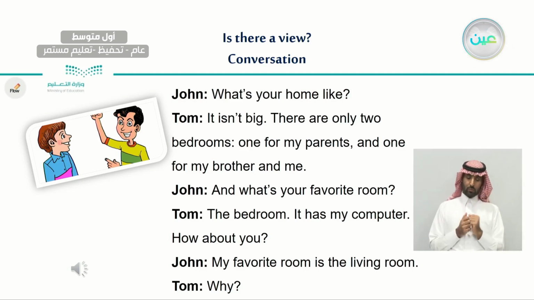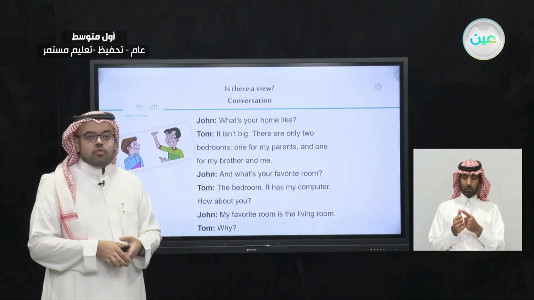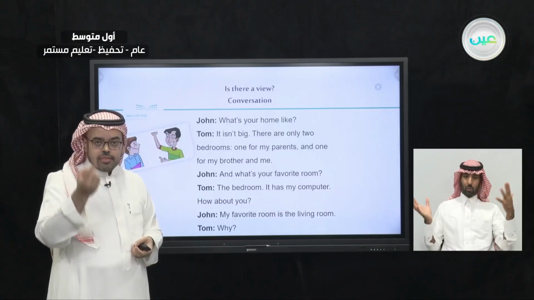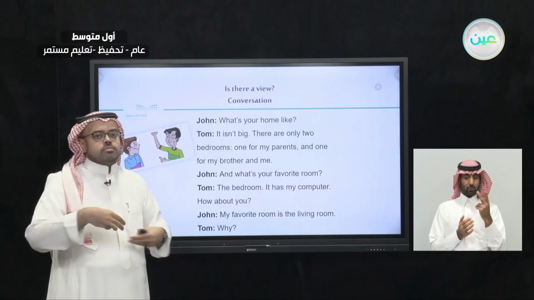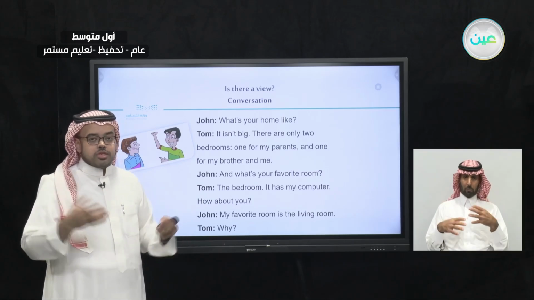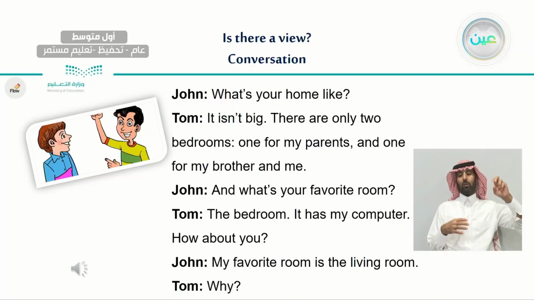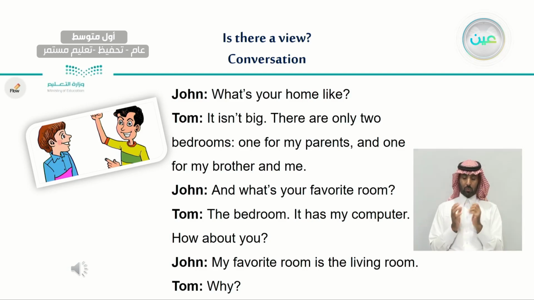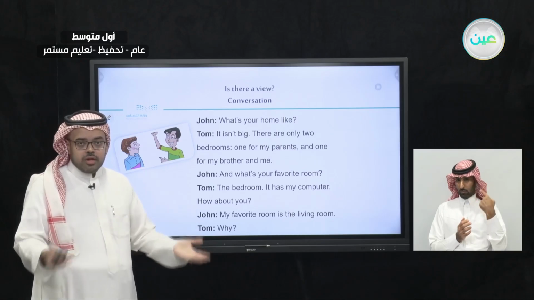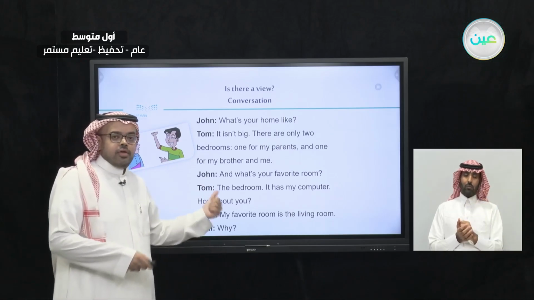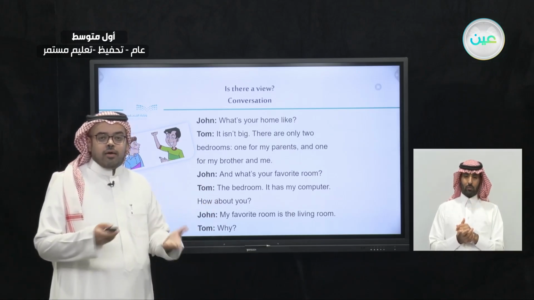And we agreed that we use there are for more than one thing, for 2 things, maybe 3 things, or 3 objects. In this case, he said, there are 2 bedrooms. So Tom actually listened to our lesson last time, and now he is using our rule.